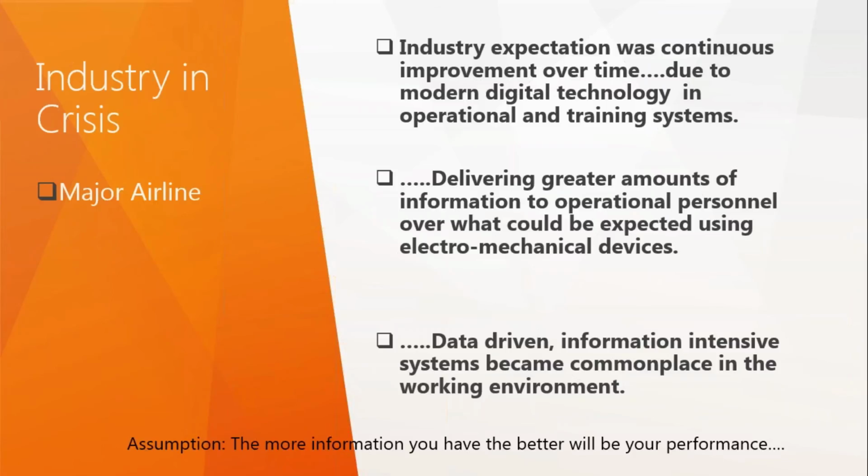Now, the industry expectation was continuous improvement over time due to modern digital technology in operational and training systems, delivering greater amounts of information to operational personnel over what could be expected utilizing electromechanical devices, and data-driven information systems became commonplace in the working environment.